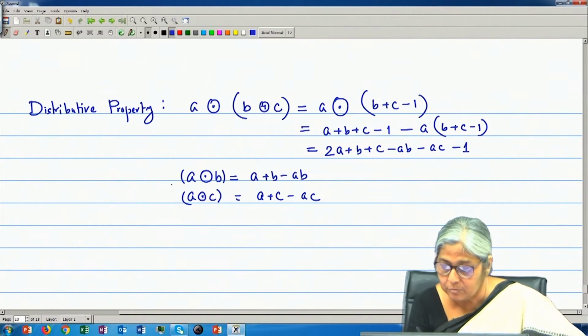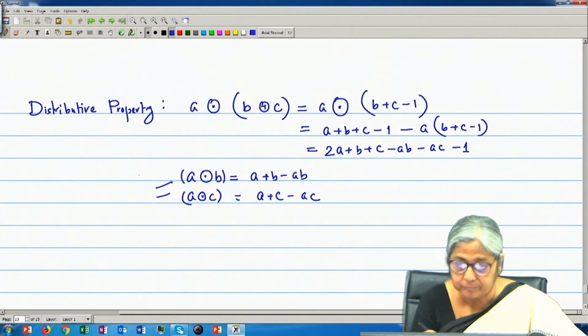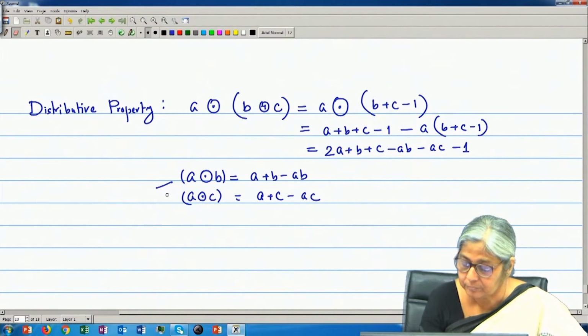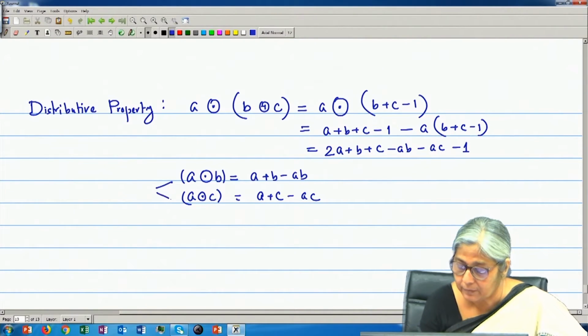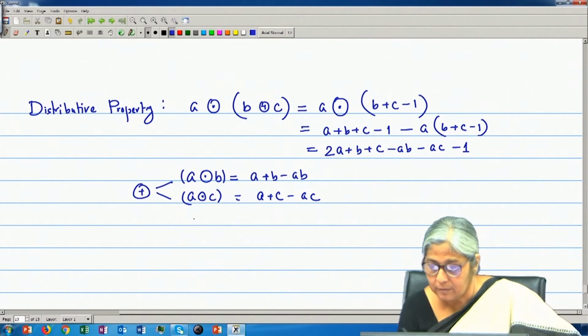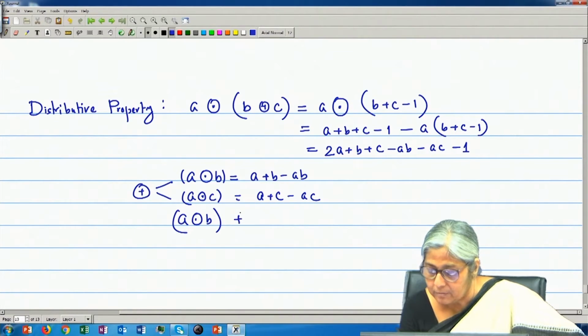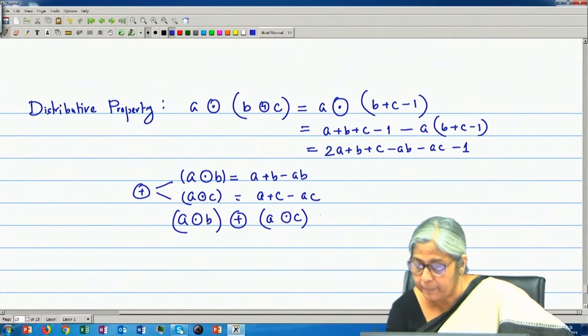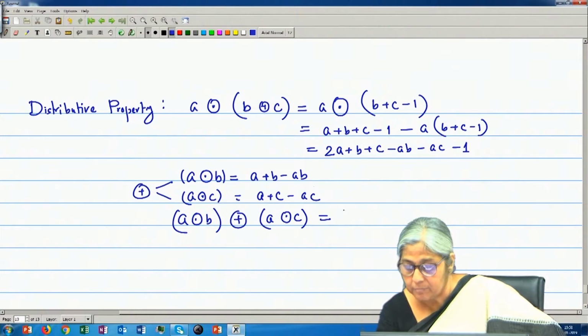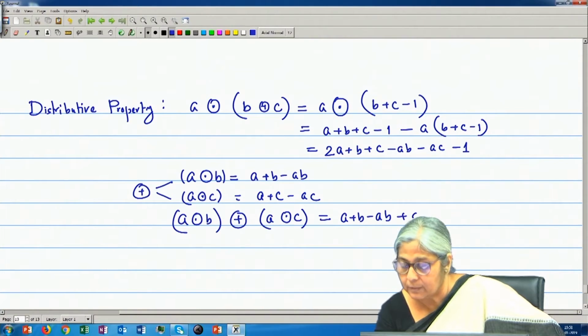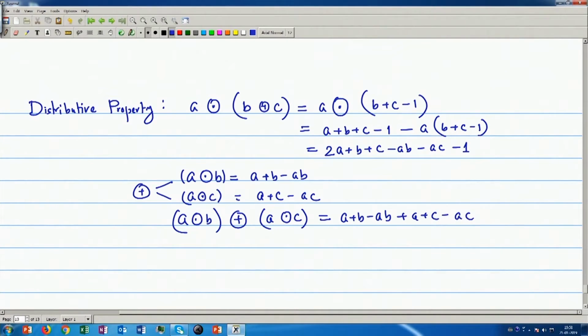Now, if we add these two, that means AB plus AC, this becomes A plus B minus AB plus A plus C minus AC minus 1, because my addition is A plus B minus 1.